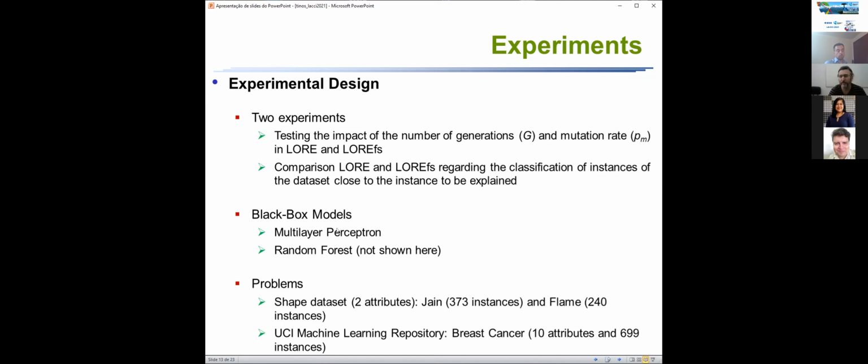We have some results with multi-layer perceptron as a black box model, and also with random forest, but in the paper we show only results for multi-layer perceptron. And we have 3 problems, 2 with only 2 attributes, and 1 breast cancer with 10 attributes.